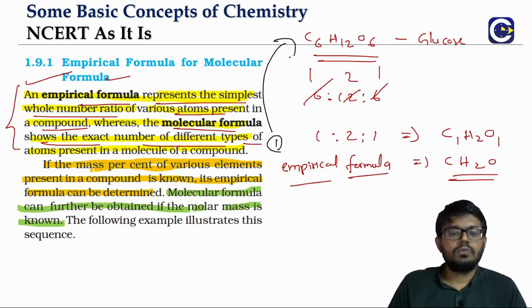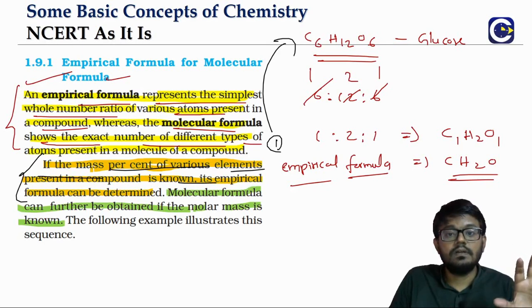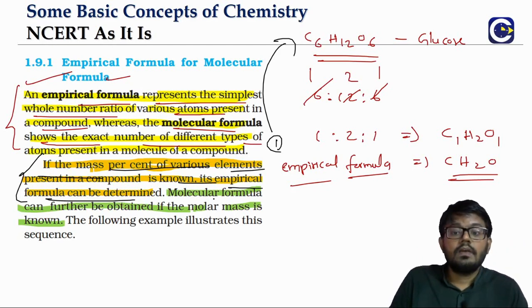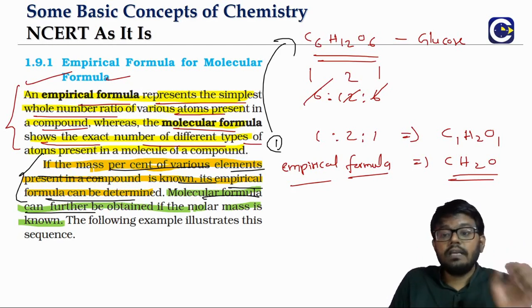So if the mass percentages of various elements in a compound are known to us, which we get from quantitative studies, we can find the empirical formula first. That is the first step. Once we get the empirical formula, we will be able to find the molecular formula.